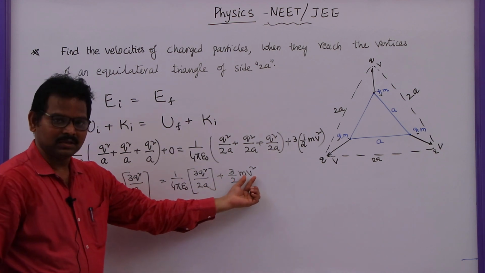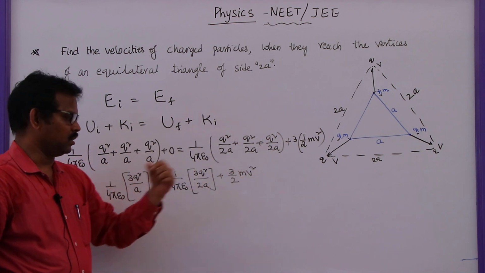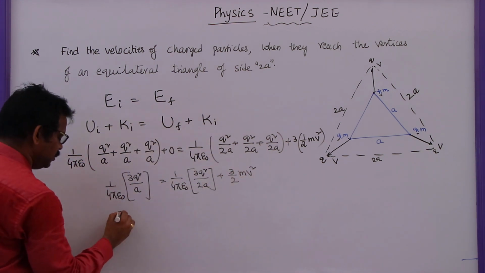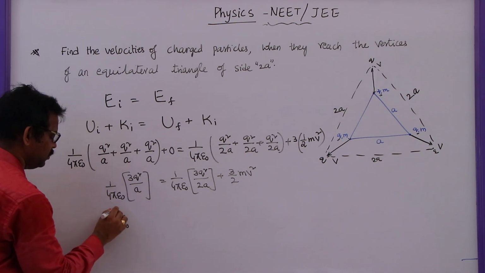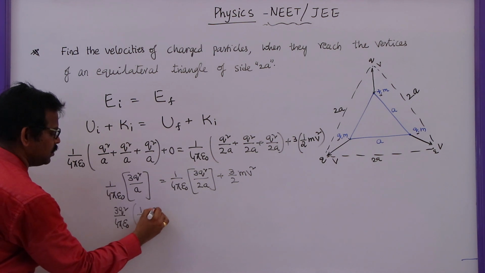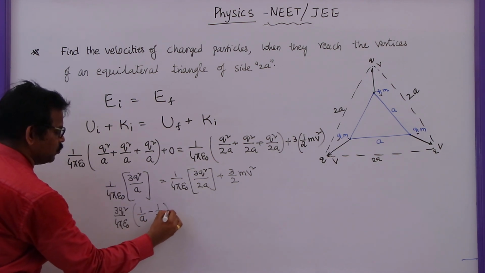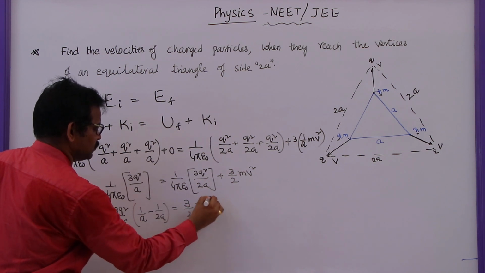We wish to find the velocity of each particle on reaching the vertices of the new triangle. So bring this to this side. This can be written as 1 by 4 pi epsilon naught common, and you can take 3q square also common, times 1 by A minus 1 by 2A, which equals 3 by 2 m v square.